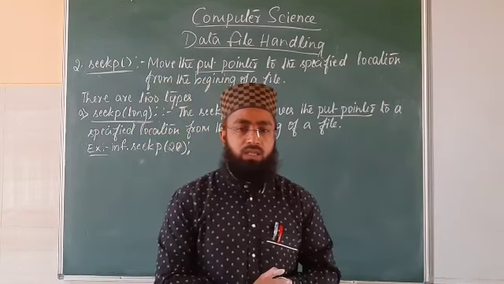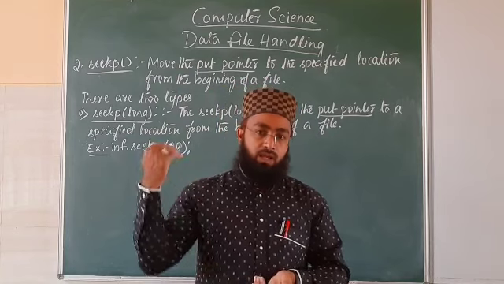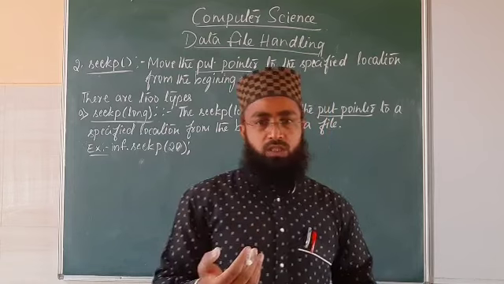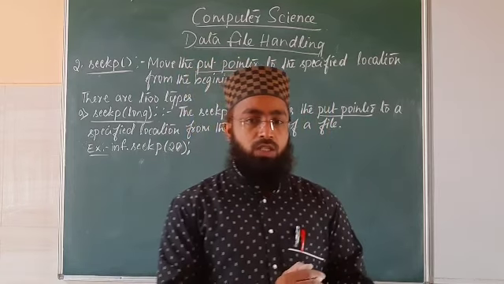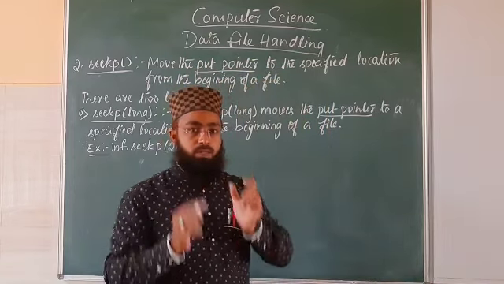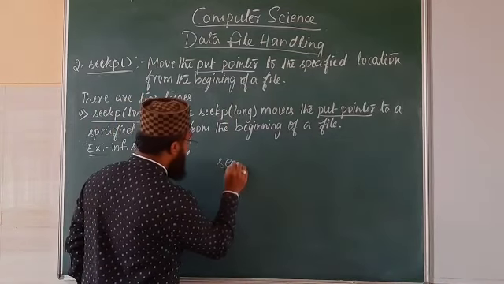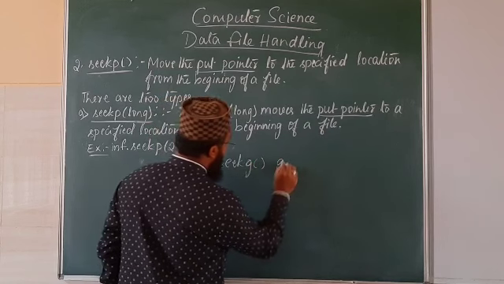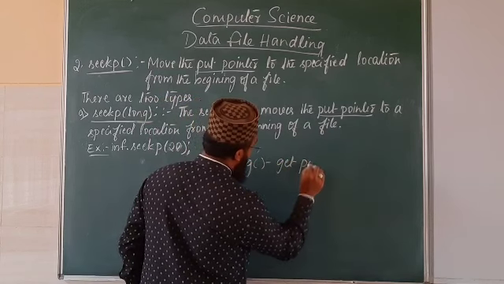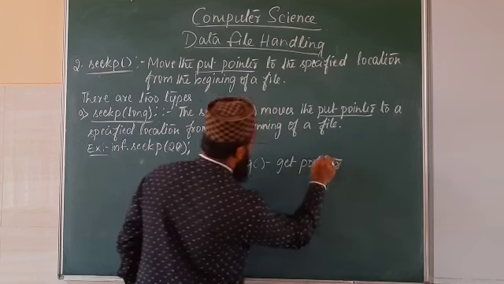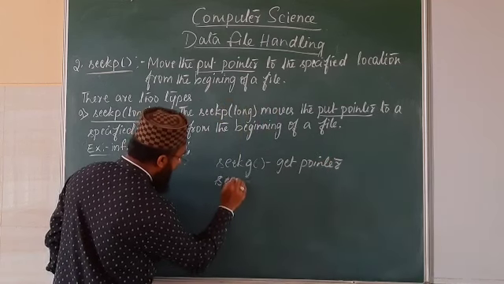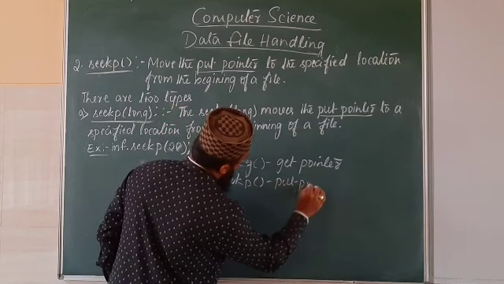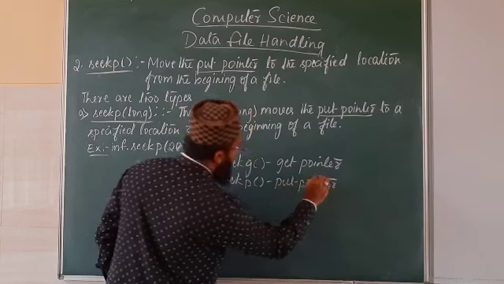As I have told many things under seekg, the same applies in seekp, but here we will use the put pointer, whereas in seekg we use the get pointer. You need to remember: seekg takes the get pointer and seekp takes the put pointer. How will you remember that?